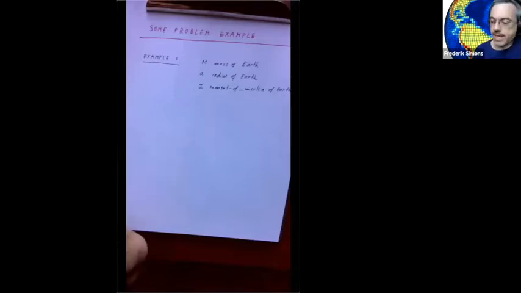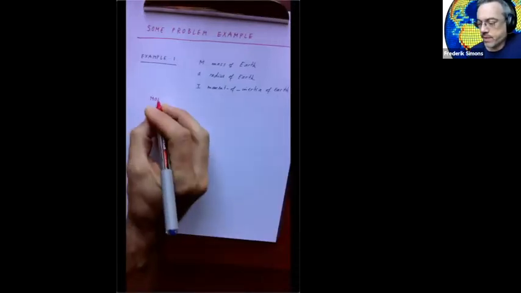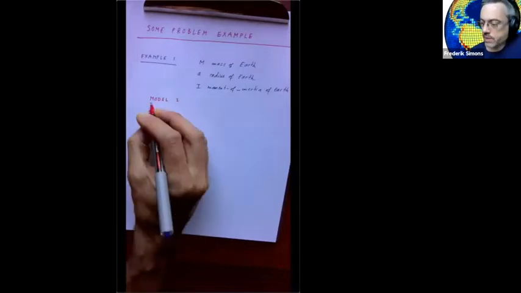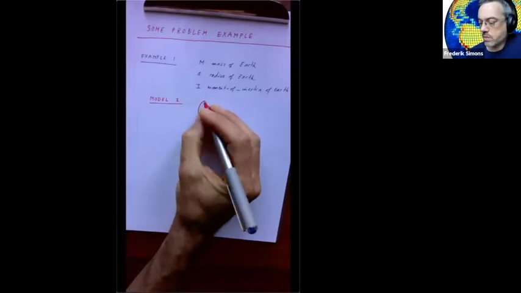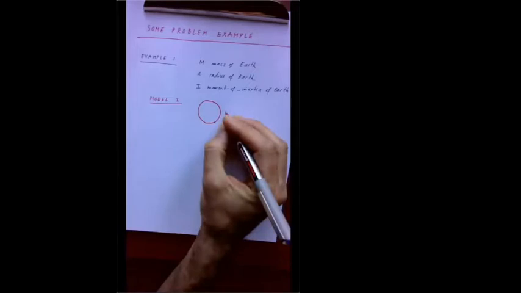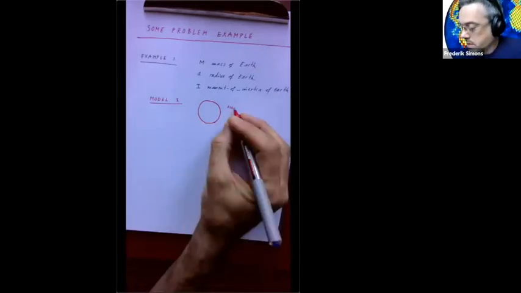So if I make a model now of the Earth that is, as you will know, demonstrably wrong, and that postulates let the Earth be a solid, homogeneous ball, okay? Tell me what's wrong with the Earth being a solid, homogeneous ball.